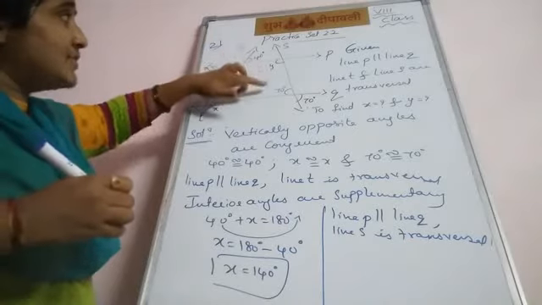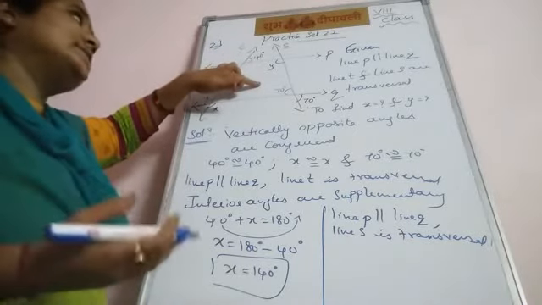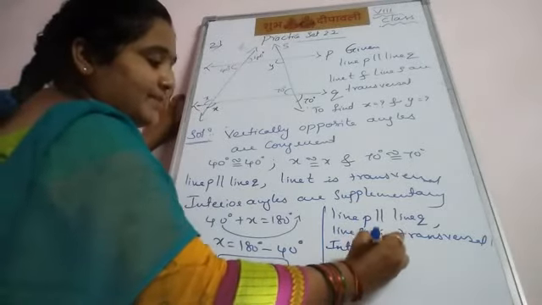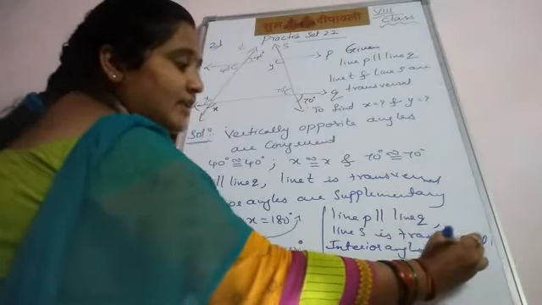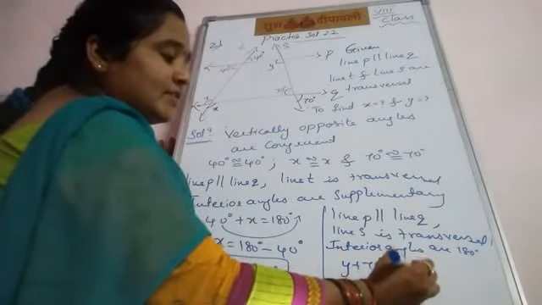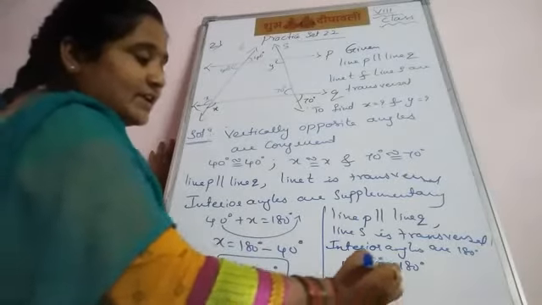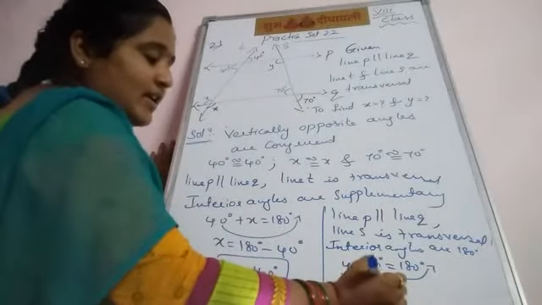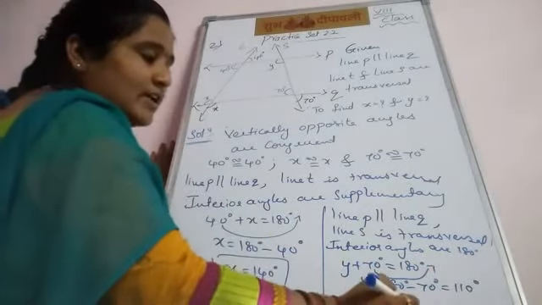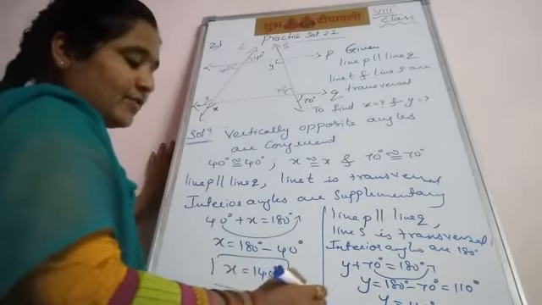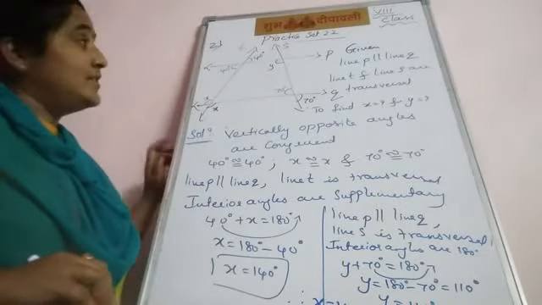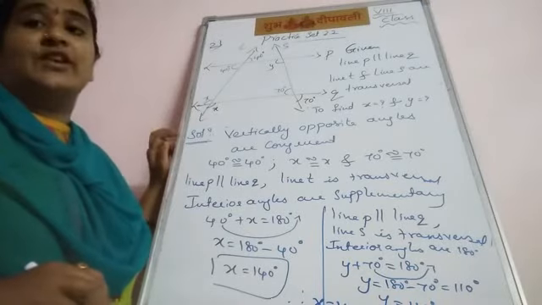Here also, if you observe, these two are interior angles, and the same concept applies: interior angles are supplementary, 180 degrees. y plus 70 degrees equals 180 degrees. y equals 180 degrees minus 70 degrees, equal to 110 degrees. Therefore, x equals 140 degrees and y equals 110 degrees. These are the values of x and y. In the question also he asked for only that.